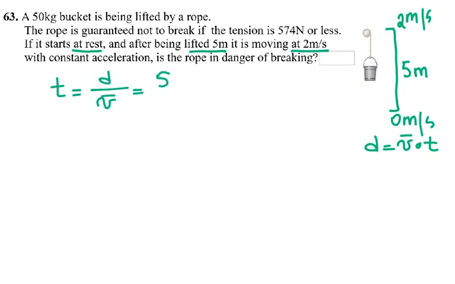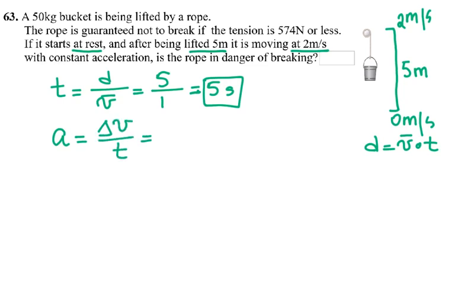The distance is 5 meters and average velocity is 1, since 0 and 2 gives me 1. So the time it's going to get to this new velocity is 5 seconds. With this information, I can find acceleration. Acceleration is the change of the velocity over the time. So my initial velocity is 0, my final velocity is 2, the change of the velocity is 2 over 5 seconds. So the acceleration is 0.4 meters per second squared.